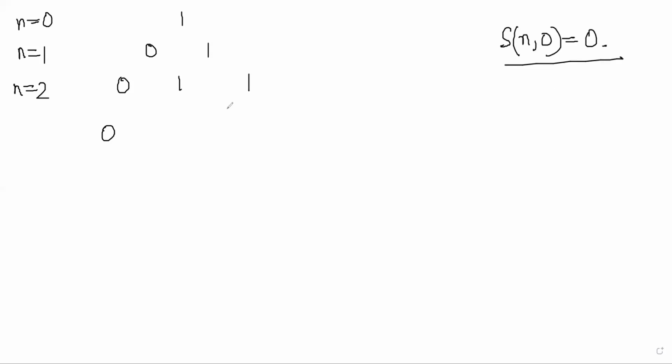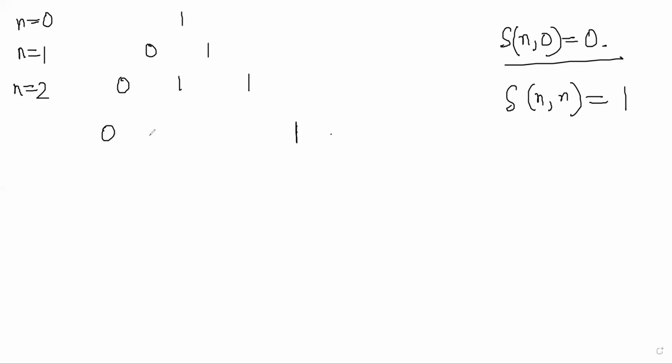This is n is 0, n is 1, n is equal to 2. Always they will start with 0, right? Why will they start with 0 always? Because S of n comma 0 is 0, right? And they will always end with 1. So S of n comma n will be 1. So the first and last numbers of this row will be 0 and 1.